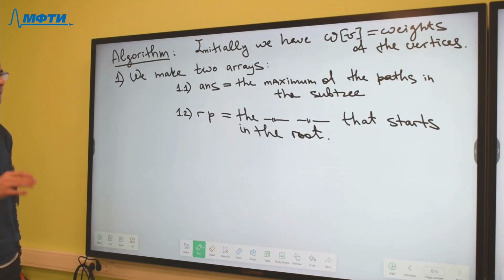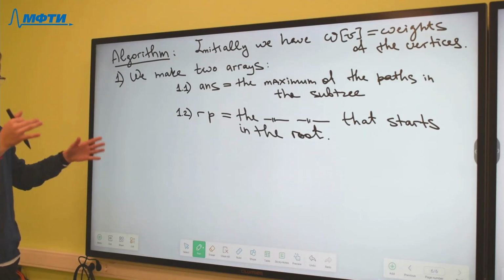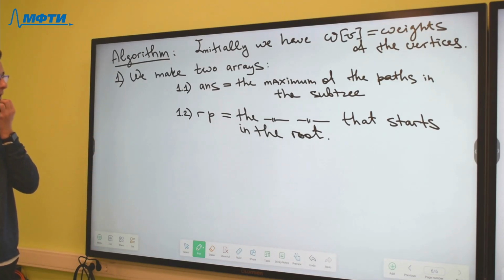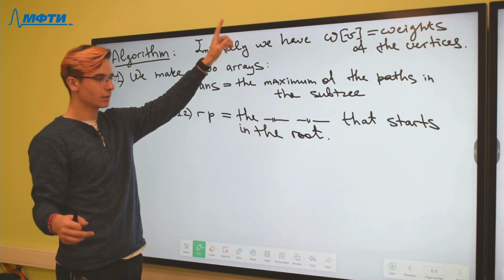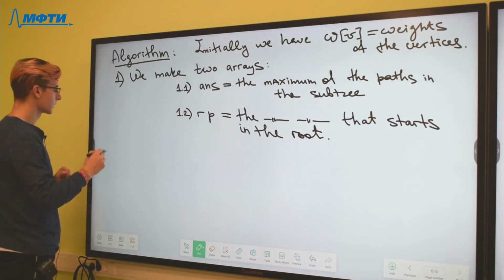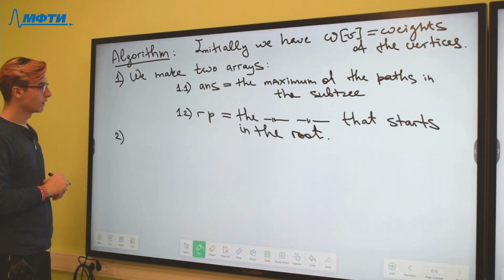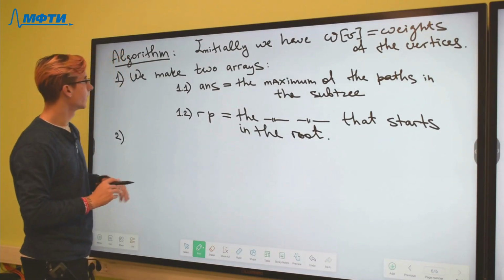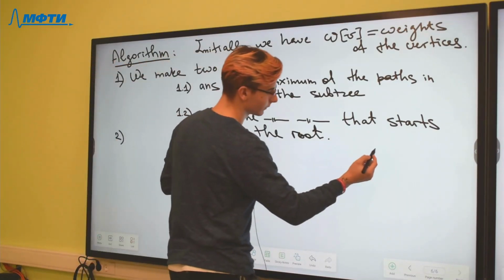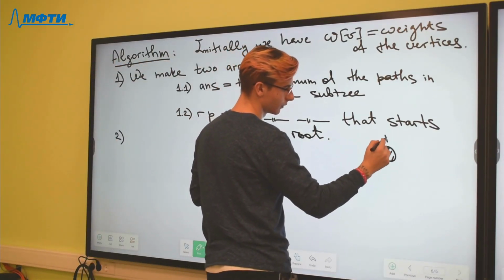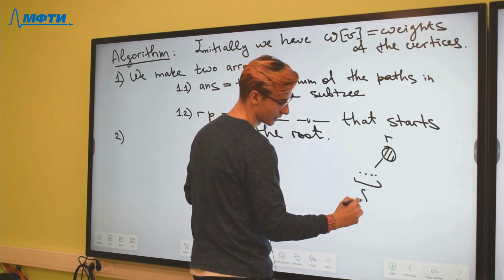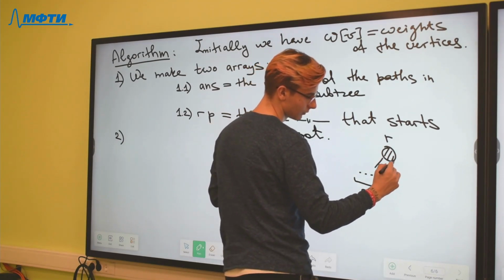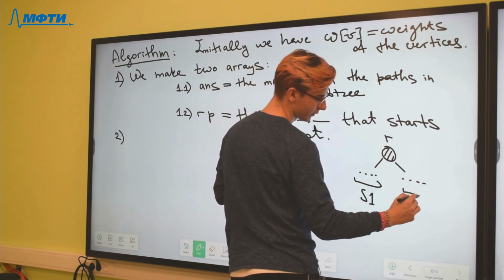So we understand how to divide our big task into subtasks to find results of the subtrees, and then find the new answer with these arrays. So how do we realize this algorithm? For example, we have the root of our tree, and we have subtree 1 and subtree 2.